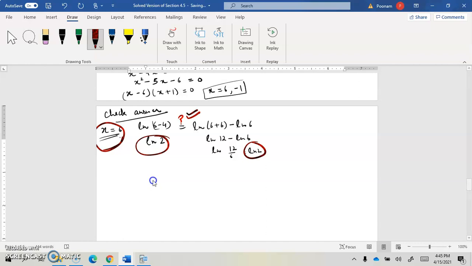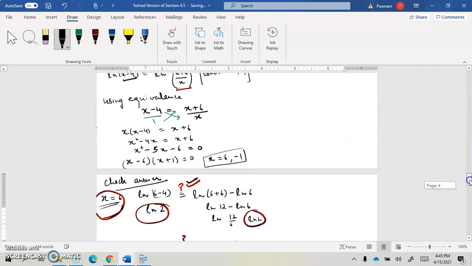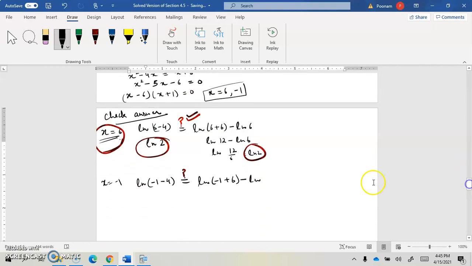We also need to check x equal to negative 1. Let's see. The equation was natural log of x minus 4, negative 1 minus 4. Is this equal to natural log of negative 1 plus 6 minus natural log of negative 1?